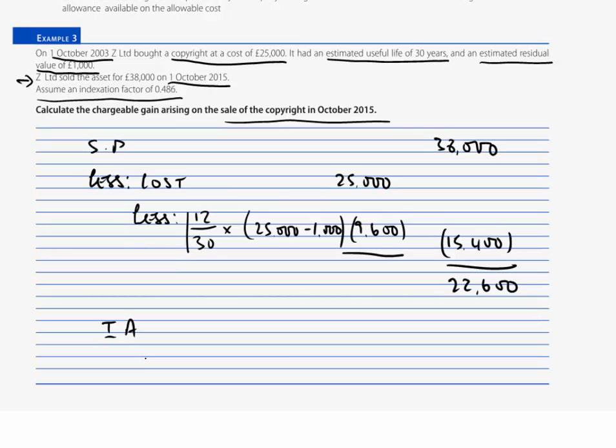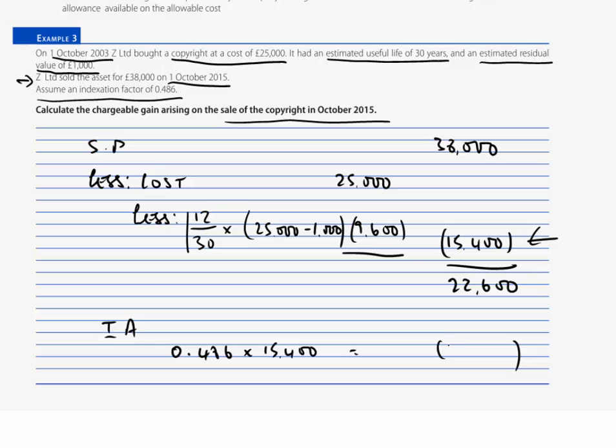And as we kept saying on all of these issues now revisited under corporate tax, it's just a question of indexation allowance. Again, based on individual dates, you would establish for yourself, if not otherwise told, the indexation factor. We've been given that indexation factor here. The indexation factor 0.486 times, as it always is, our allowable cost. What is our allowable cost? There computed £15,400. Multiply it through. What do we get as the allowable cost?